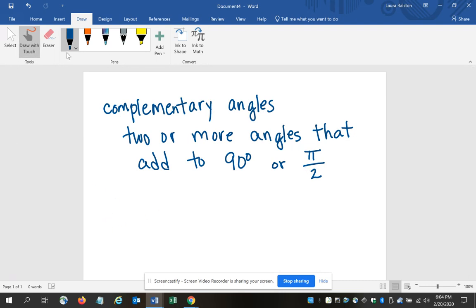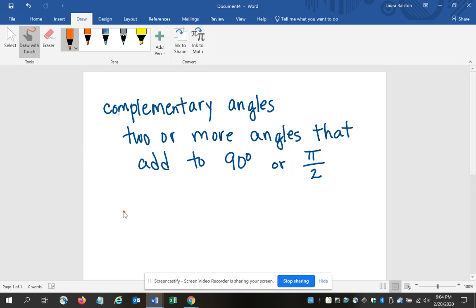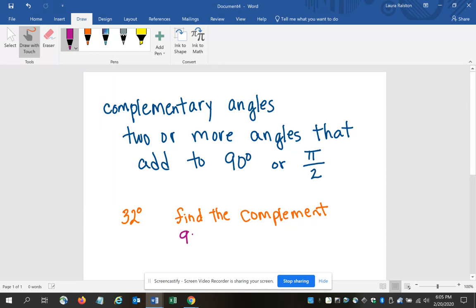So for example, in geometry, you probably think about it like this: if I tell you that an angle is, say, 32 degrees, and I ask you to find the complement, I would be willing to bet that most of you know that you would take 90 degrees and subtract 32 degrees and get your answer, which is 58 degrees.